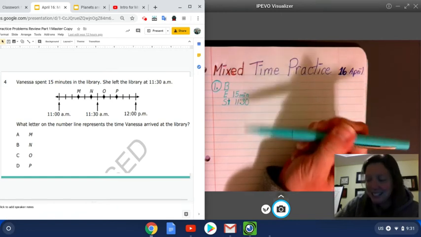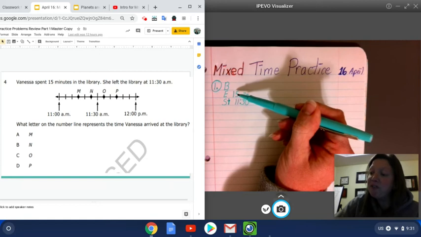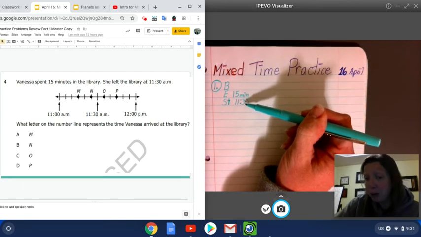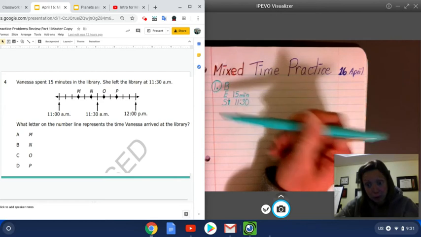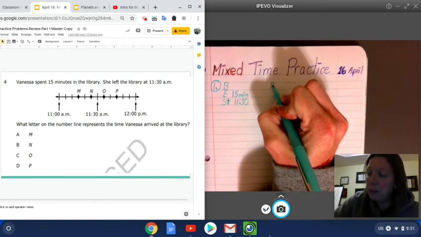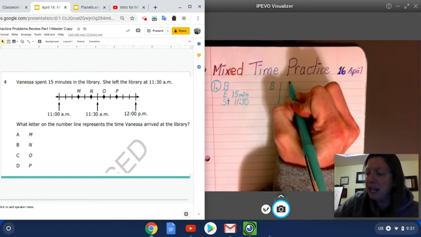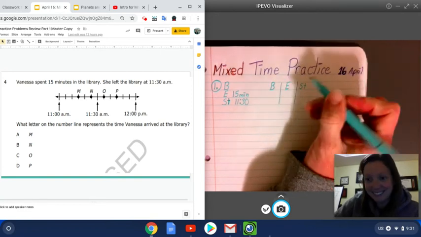So when I'm looking for my beginning time, what this actually means is we're looking for what is 15 minutes before 11:30. So we're going to go counterclockwise. When we go counterclockwise, what are we doing with that elapsed time? Are we actually adding it or subtracting it?